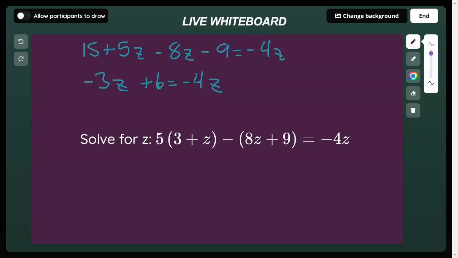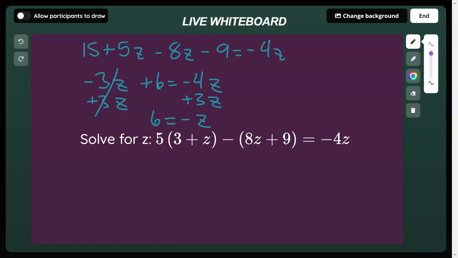Okay. Now what? Add 3z, because we want to get all of our variables together. So plus 3z plus 3z. That equals 0. So I have 6 equals negative z.